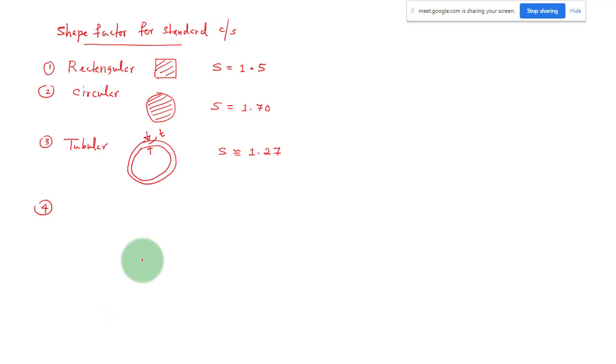Okay, and another section that is very important is the diamond. So we have seen this diamond, that is 2. If you keep your rectangular section in this orientation, the shape factor will become 2 from 1.5. And another section is the triangular section.